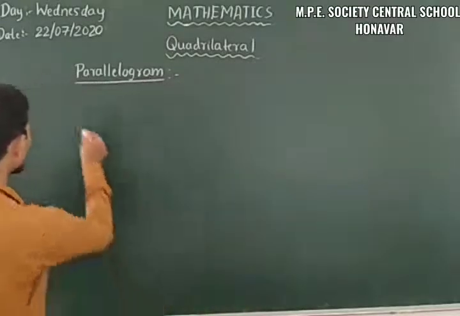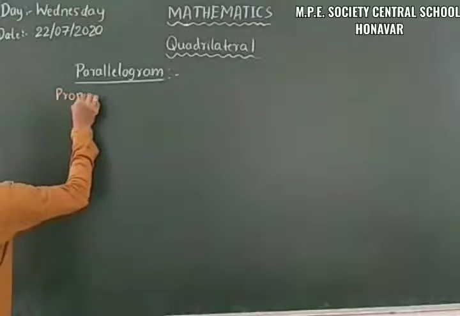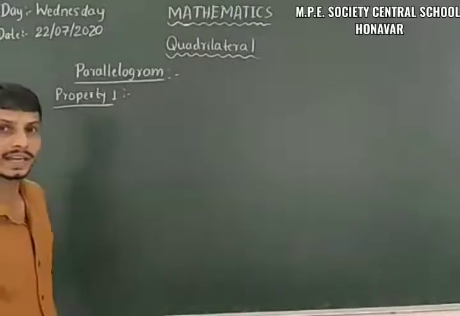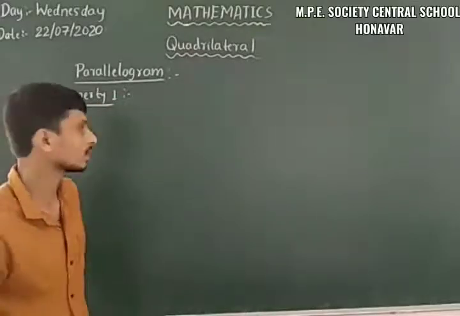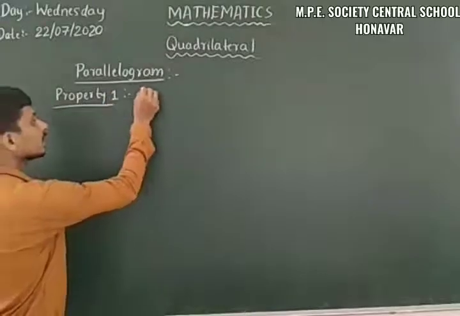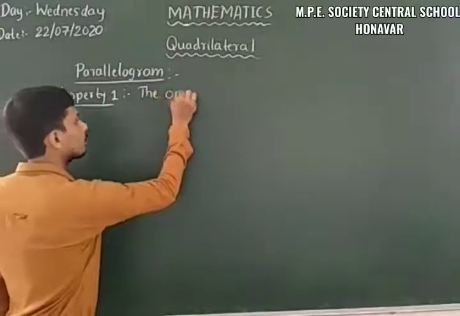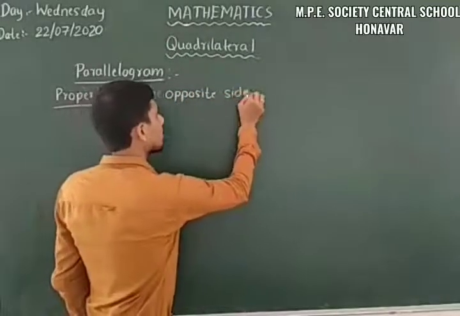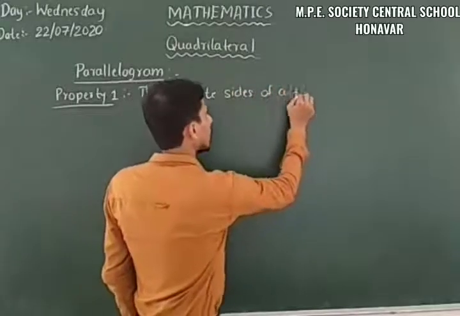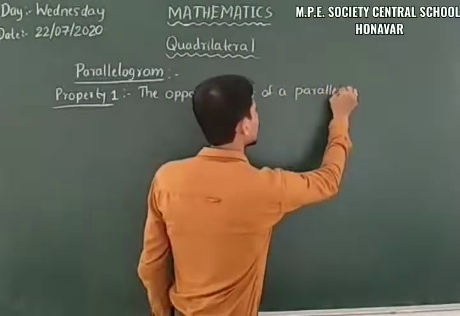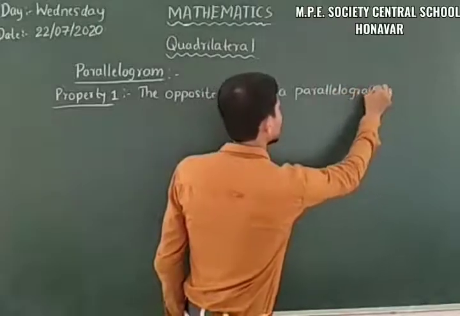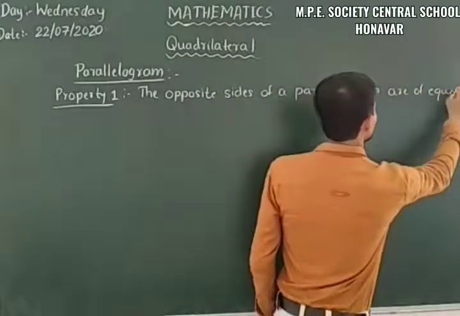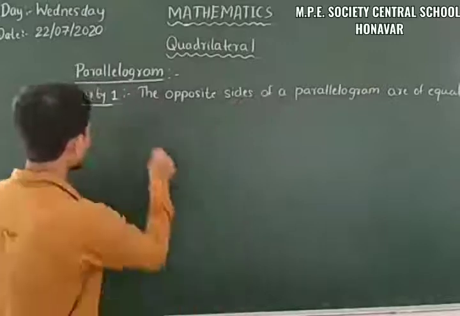That is property number 1, a property of sides of a parallelogram: the opposite sides of a parallelogram are of equal length.